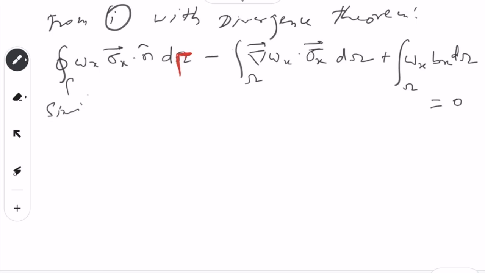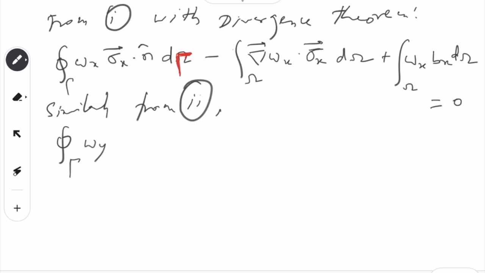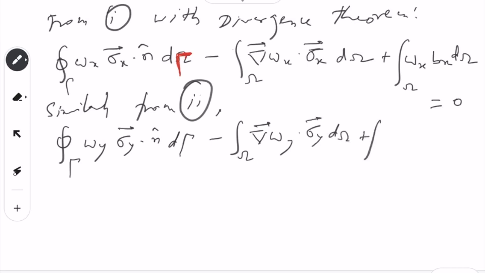Similarly from 2 we will have the closed integral over the whole gamma of wy sigma y dot n d gamma, minus the integral over omega of gradient of wy dot sigma y d omega, plus wy by d omega is equal to 0.